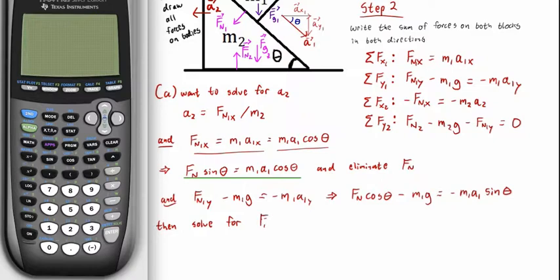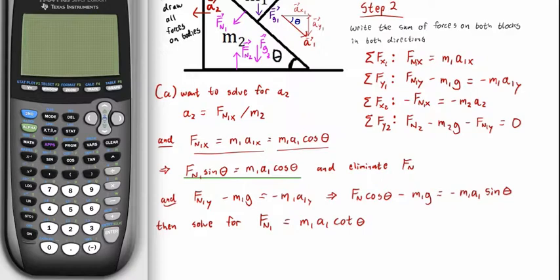Fn1, of course. All right, and what that's going to give us is m1 a1 and then sine over cosine, which is cotangent of theta. Okay, and that's simply from this expression up here, Fn1.